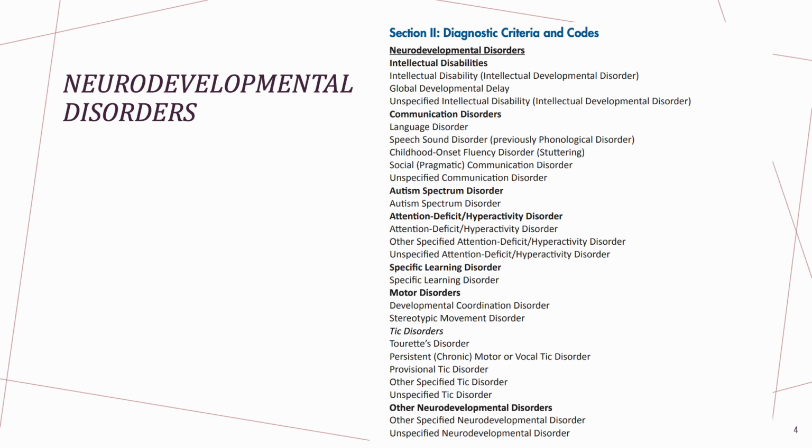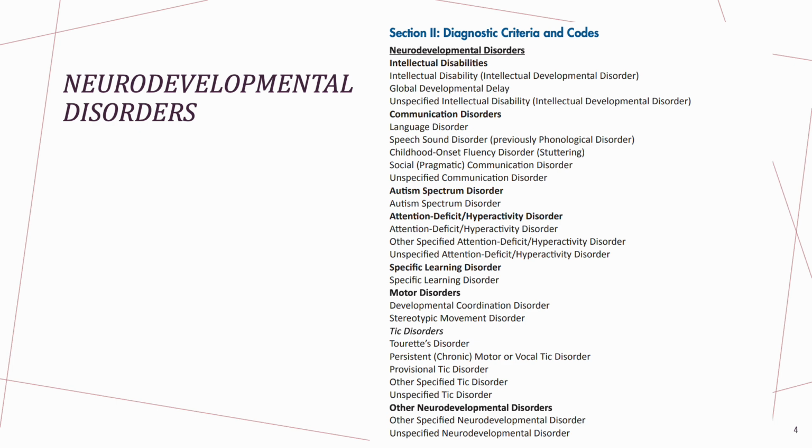So that's just informational. Then we have Section 2, which is the largest section of the DSM, and this is where all of the diagnostic criteria for each disorder that exists in the DSM is housed. And the way that these diagnoses are presented in the DSM is by sections.